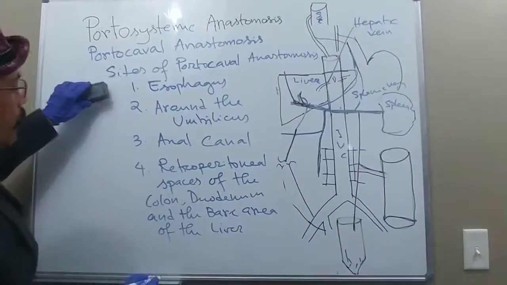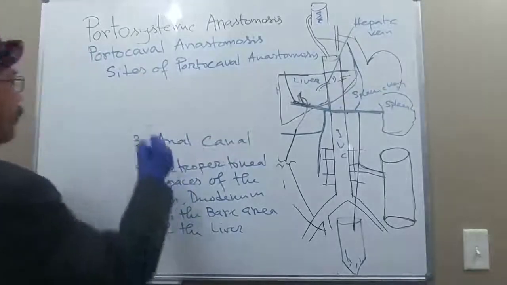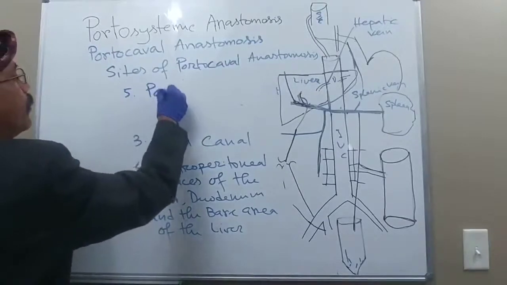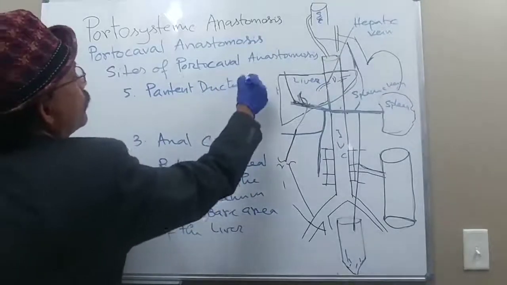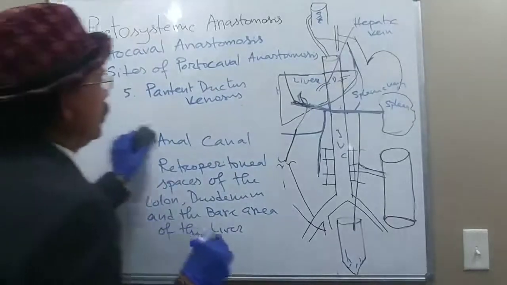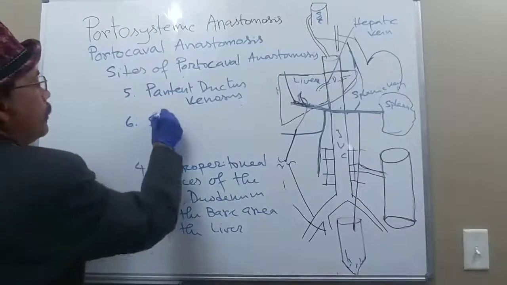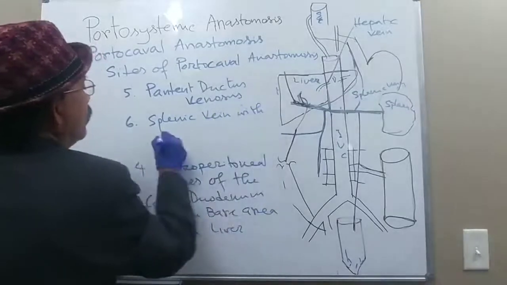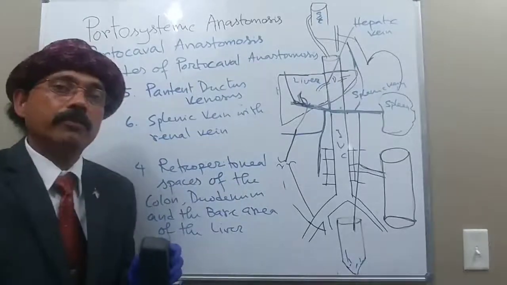We can add a few more. Sometimes some people may have patent ductus venosus, rare but possible. There may be some type of anastomosis between the splenic vein and the renal vein, that may be established in case of portal hypertension by the surgeon.